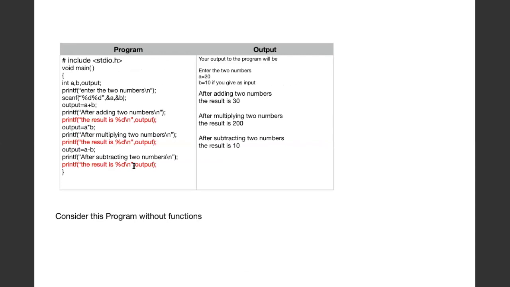Three operations. A program which reads two numbers and finds the sum, product and difference of the two numbers. On the left you can see the program, and on the right you can see its output.